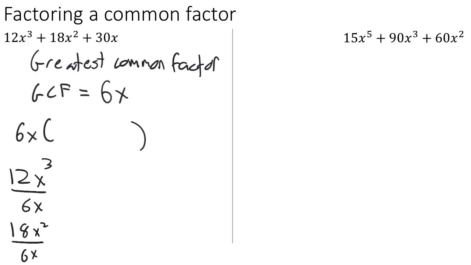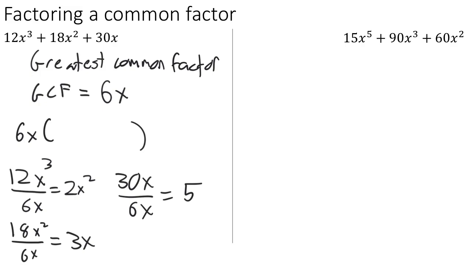And then we will also do 30x divided by 6x. In the first expression, 12x to the third divided by 6x gives us 2x squared. In the second expression, 18x squared divided by 6x leaves us with 3x. And in the last one, 30x divided by 6x is just 5. These are the terms that will be left over inside the parentheses.